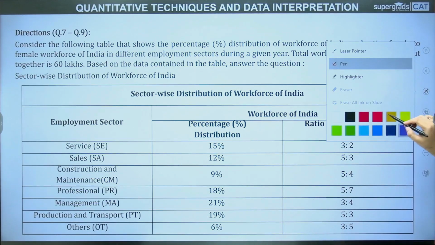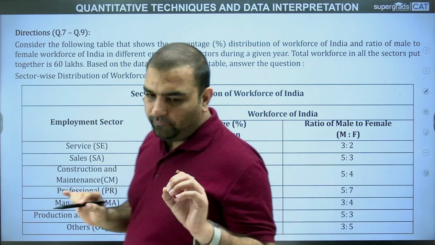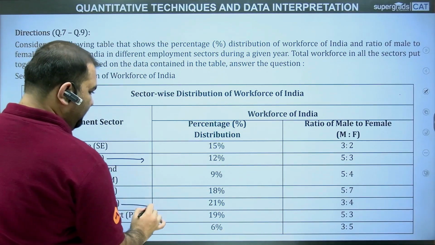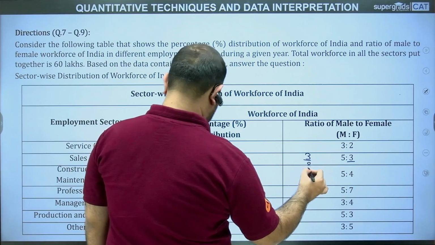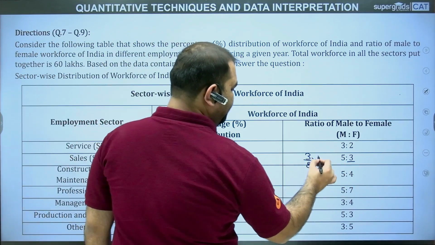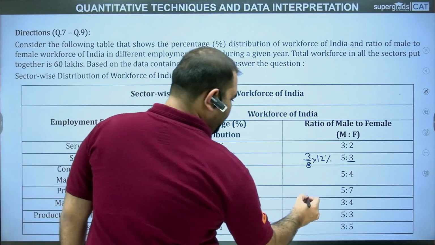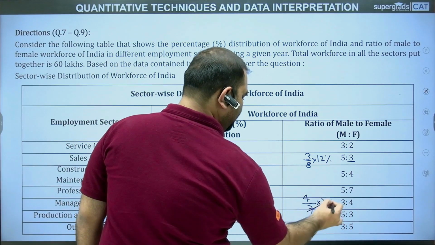So we are using it again, but now we have to see the female data. SA female is 3 by 8 of 12. MA, 4 by 7 of 21.